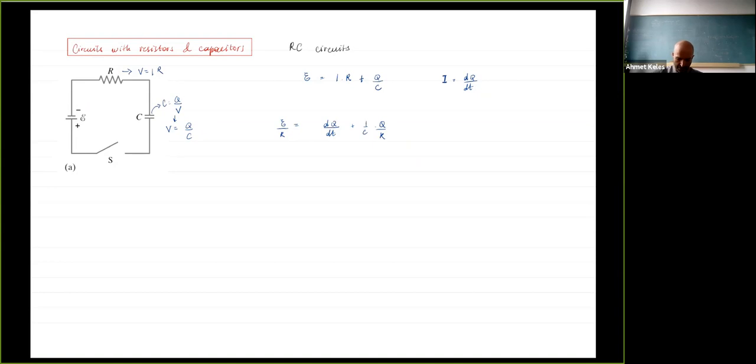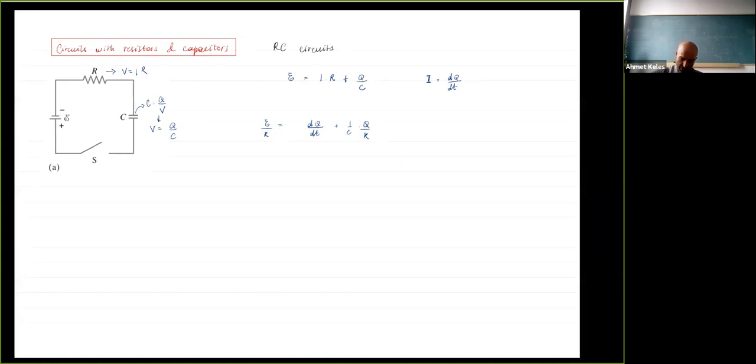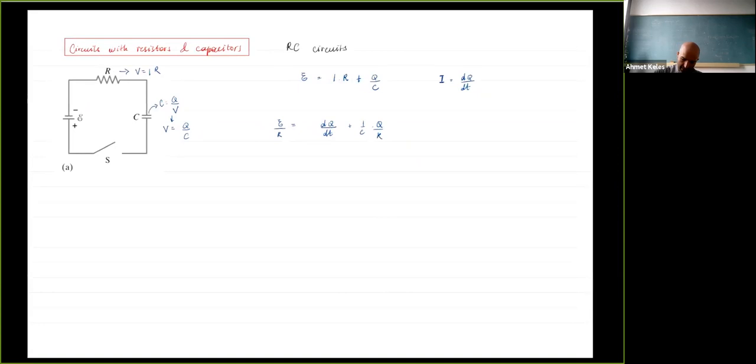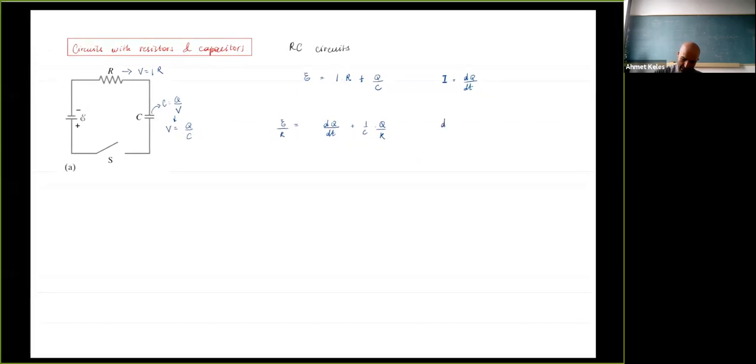That's what I want to do. Now I want to take this equation and put it like this: dQ/dt is equal to E over R minus Q over RC.